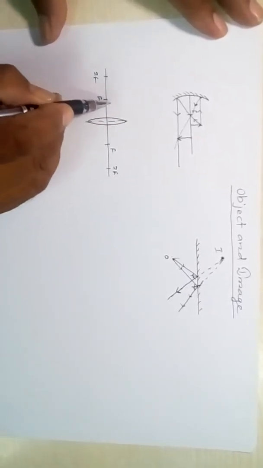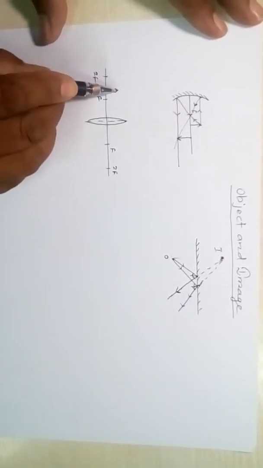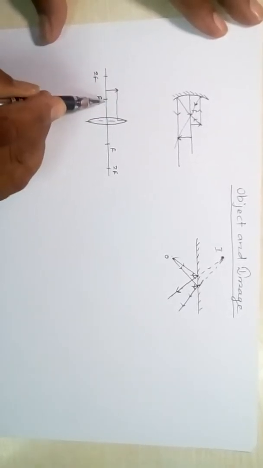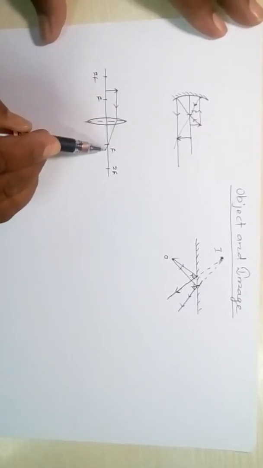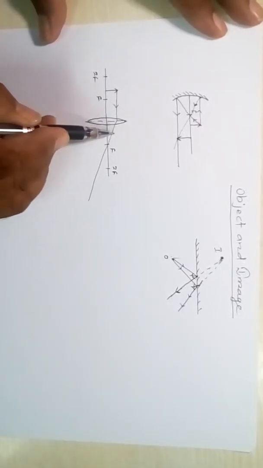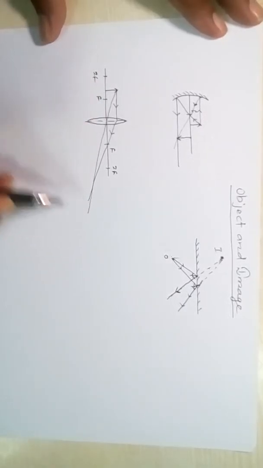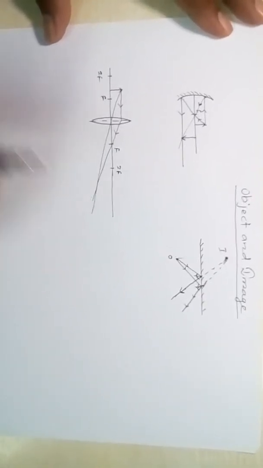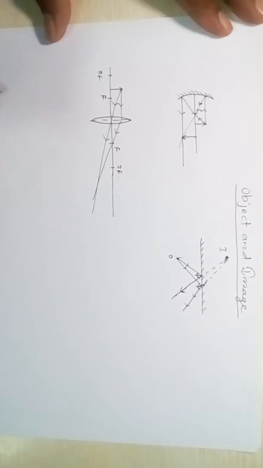And if an object is at this place, let's say, then the ray of light which is parallel to the principal axis passes through the focus, we all know about this, and a ray of light which passes through the optical center passes without any deviation. This is the incident ray and this is the refracted ray.